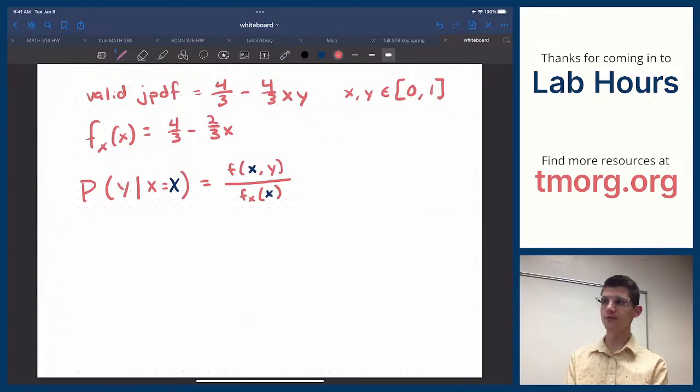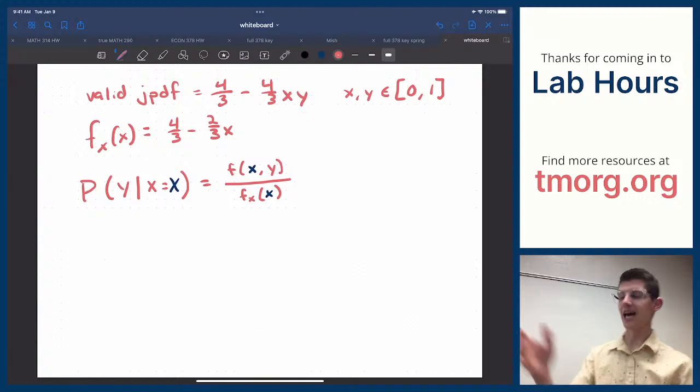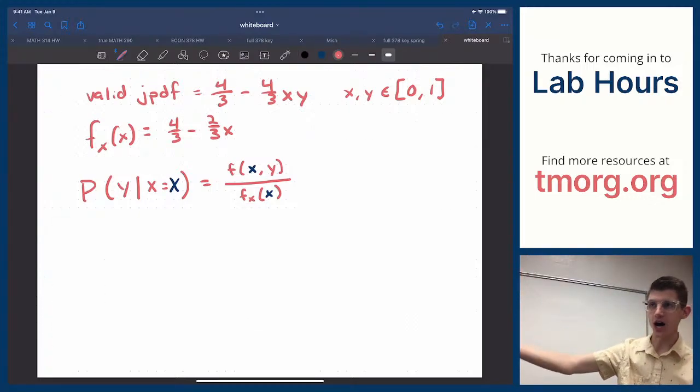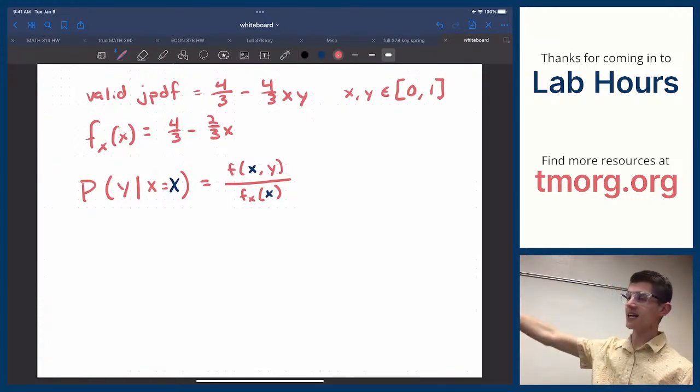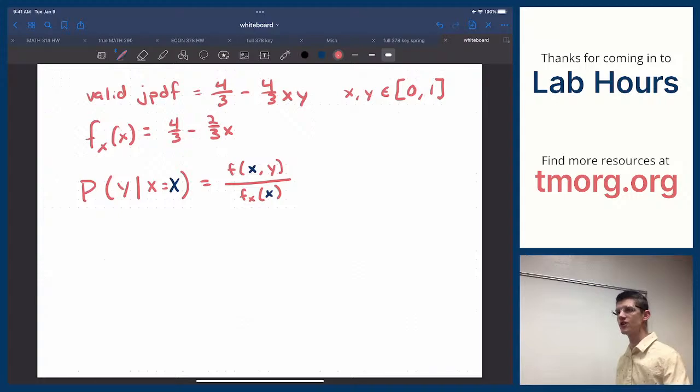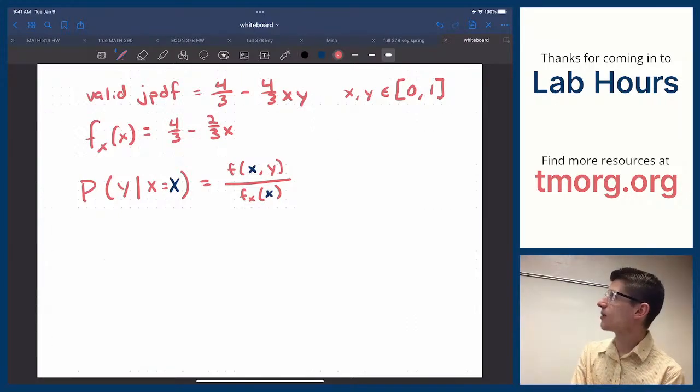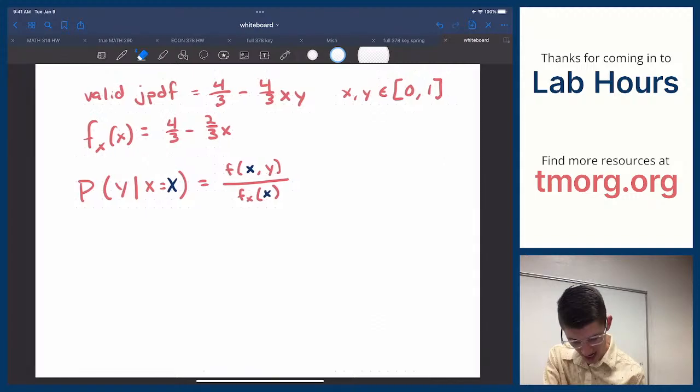If I look at both of them at the same time, what's the probability of seeing blue x and any y? Once I solve this out and plug in a value for blue x, this will turn explicitly into a function of y and only y, because again, what is the probability of y when I have fixed x at some number value? I'll show you. We'll do that right now.